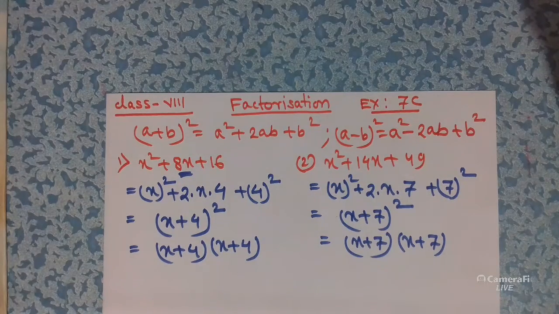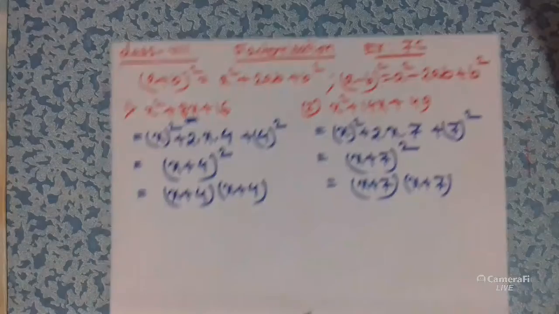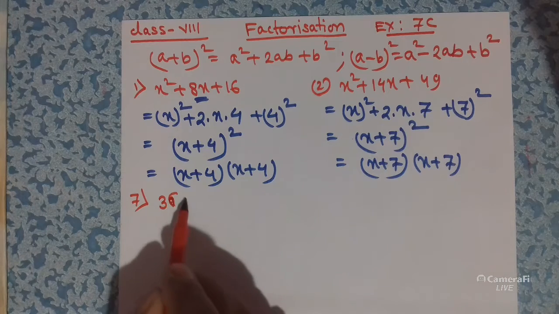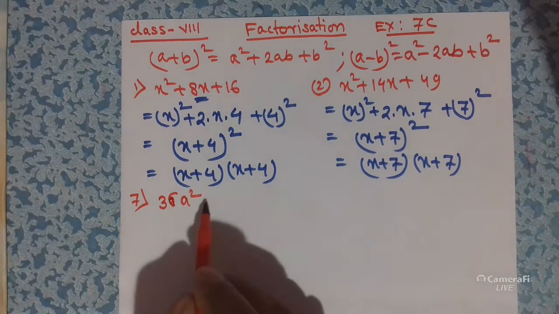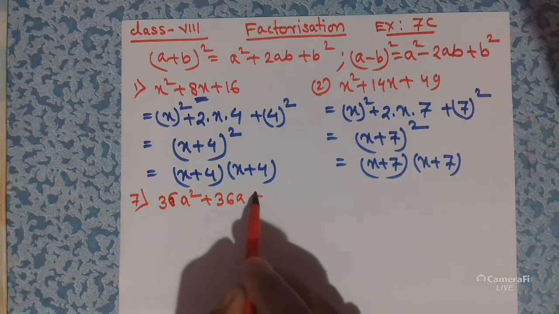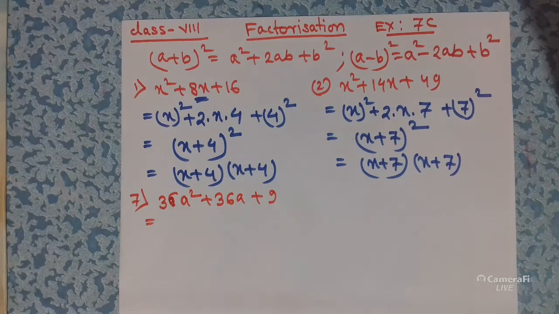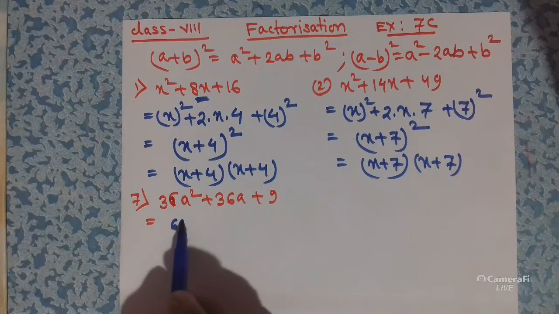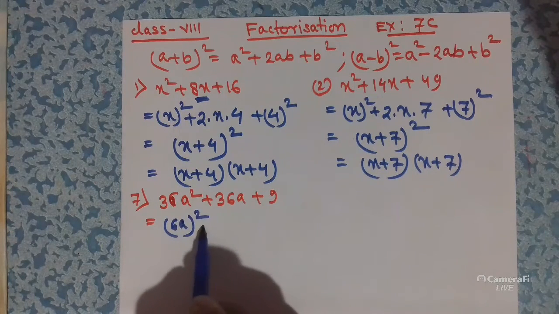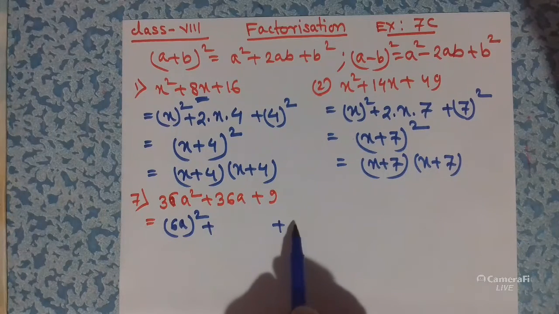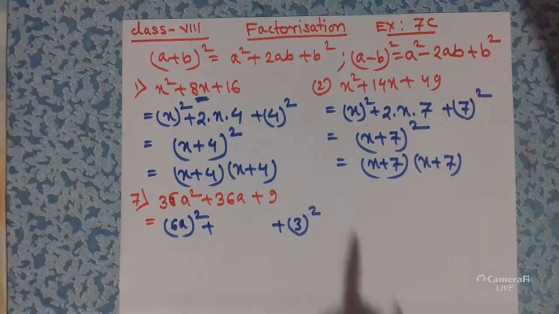Next, problem number 7: 36a square plus 36a plus 9. So 36a square can be written as 6a whole square, because 6 square means 36, and b can be written as 9 means 3 square.